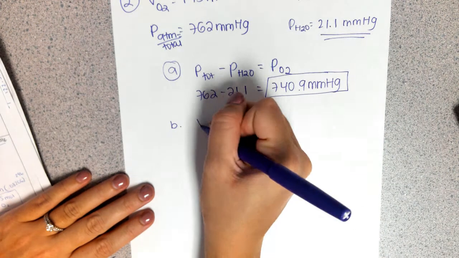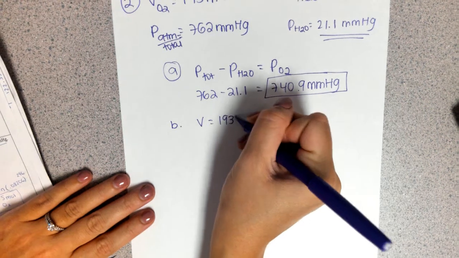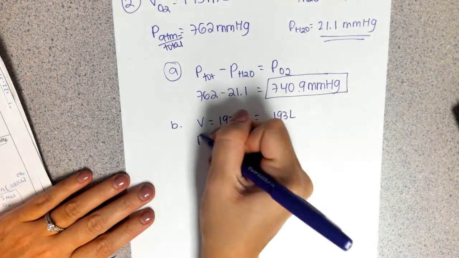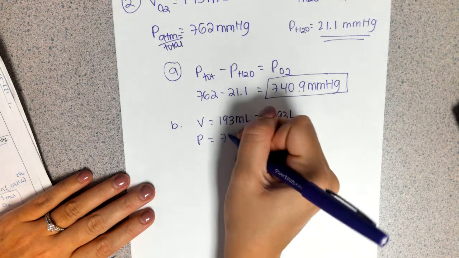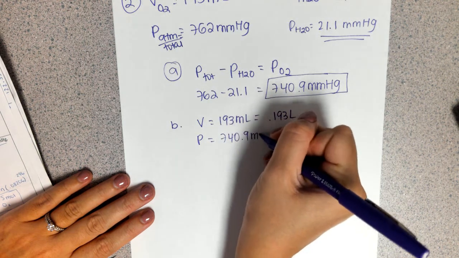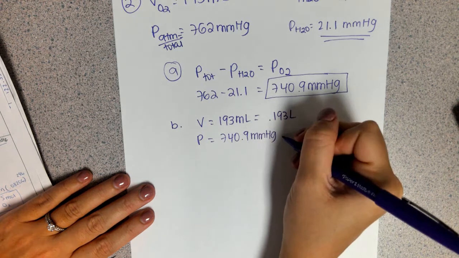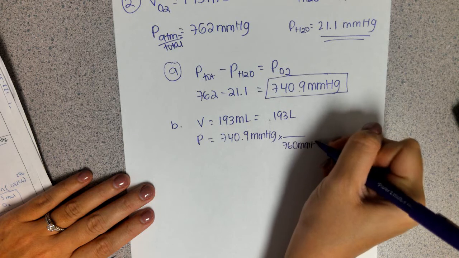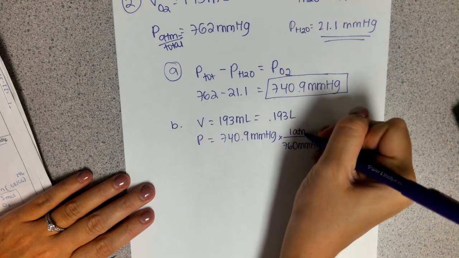Okay, so I know my volume of oxygen is 193 milliliters, which is 0.193 liters. My pressure of oxygen is 740.9 millimeters of mercury. And let's go ahead and change that to atm because you're going to have to anyway. 760 millimeters of mercury is 1 atm.